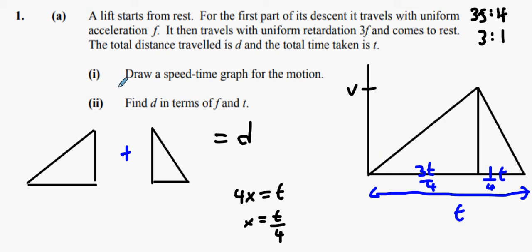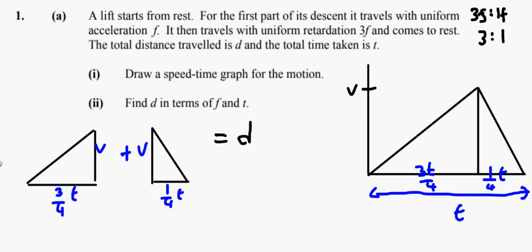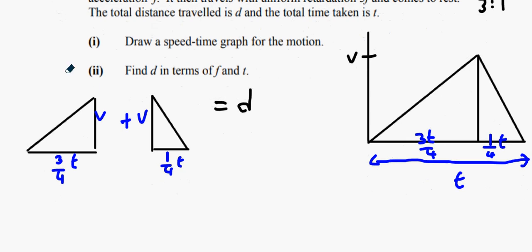Here's what we're going to do. Our two attack patterns are usually this. 3/4 t, v, 1/4 t, v. Alright? Realistically, I could do it all as one triangle, couldn't I? You could just do it as a half v times t, couldn't you?